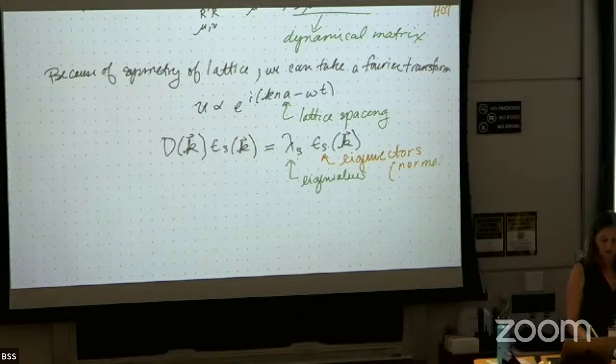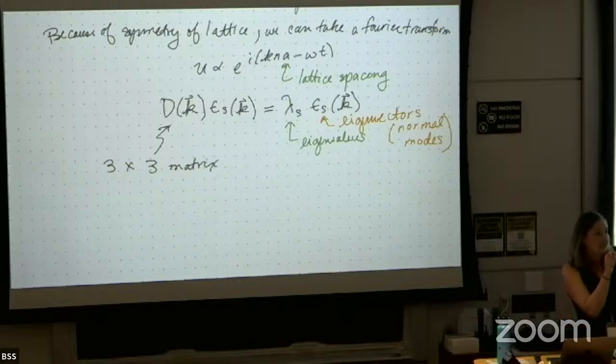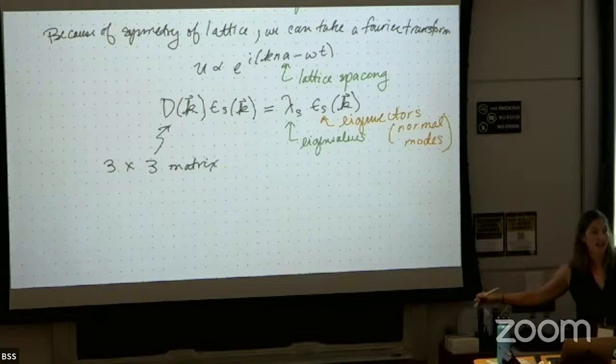I'll use normal modes a lot in what follows. In 3D, this object is a 3 by 3 matrix, which has the x, y, and z directions. But I got rid of all those R's by taking a Fourier transform. I've replaced all the R's with a k, and then I can just index it by k.